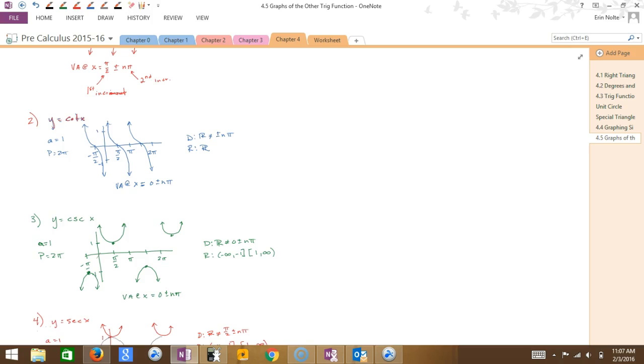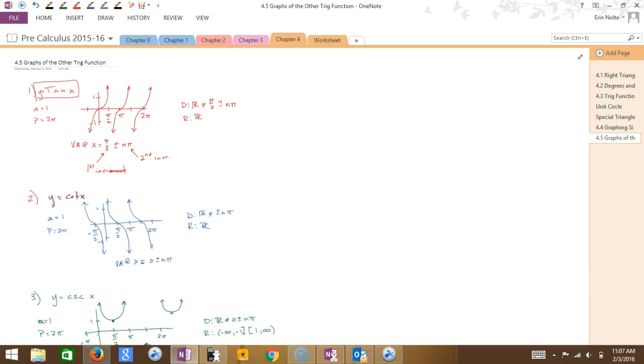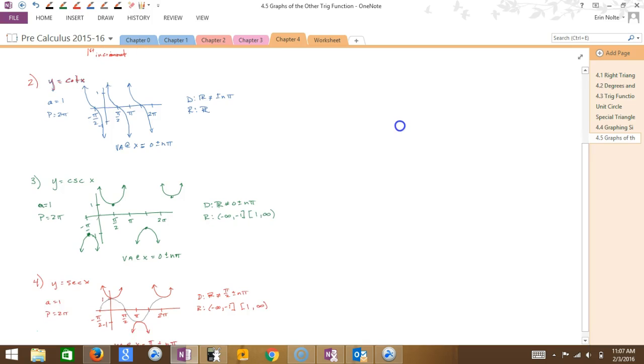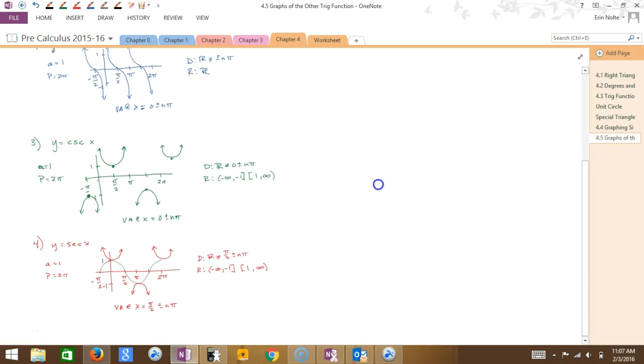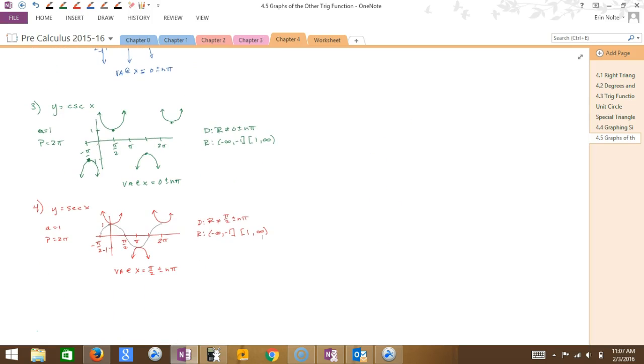Okay, so if you look at the domain of all 4 of the functions that I just drew, which 2 have the same domains? Which function has the same domain as the tangent function? The cotangent. Okay, no, the secant one, not cotangent.